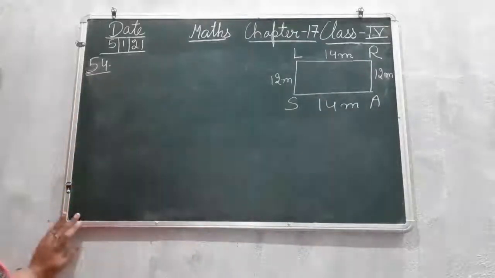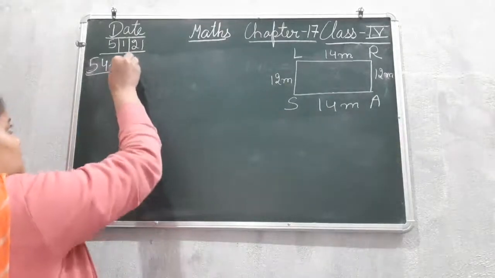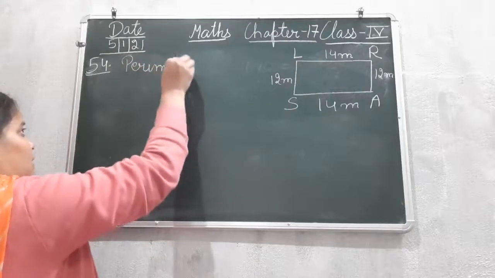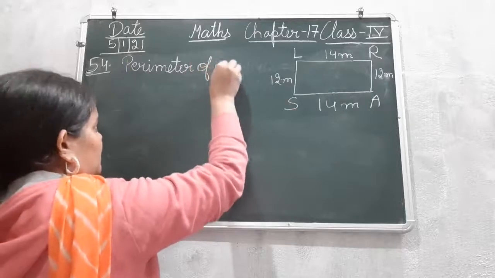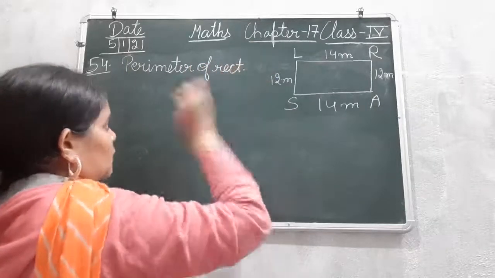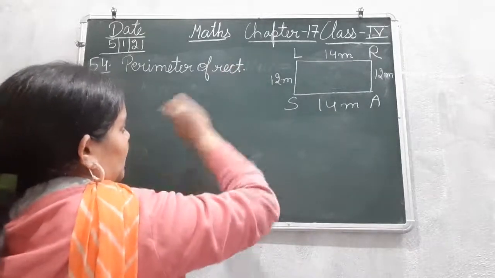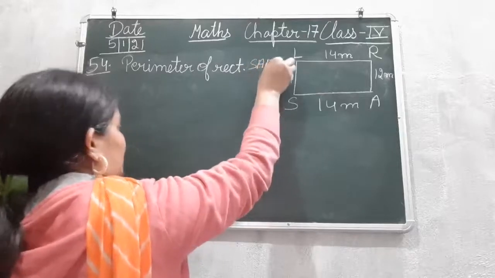Now the next is we have to find the perimeter. So perimeter, now we have to find the perimeter of rectangle SARL.